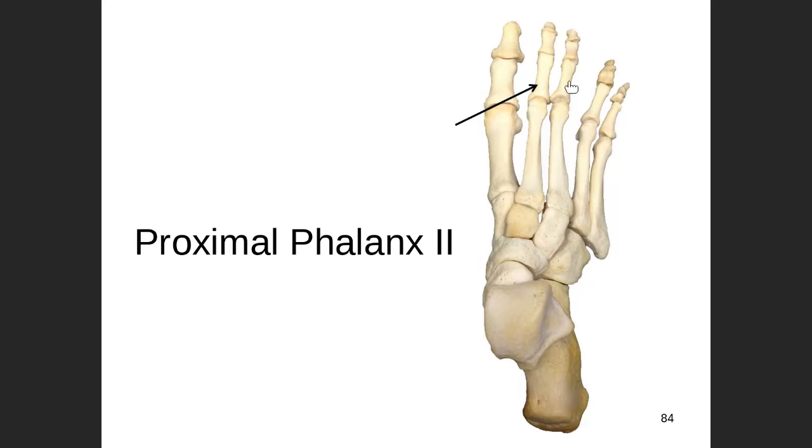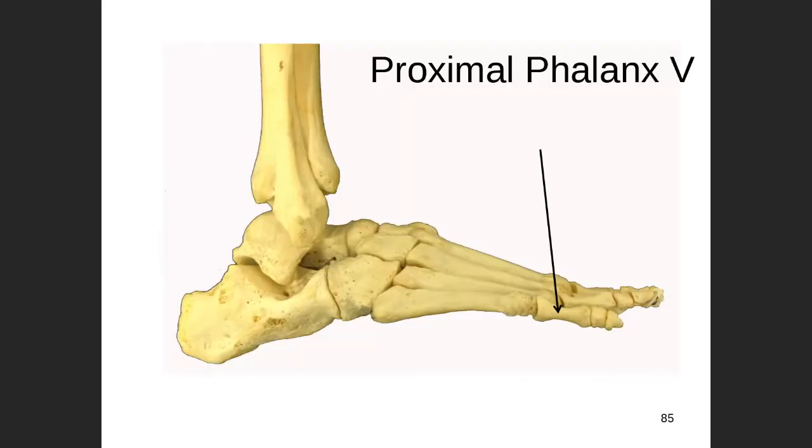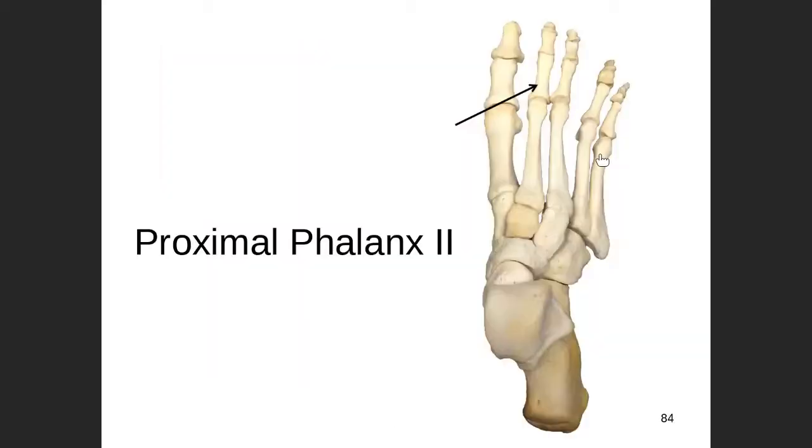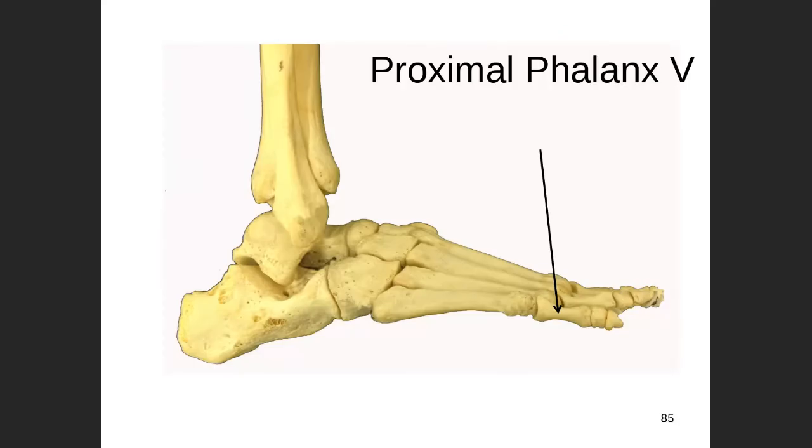I don't have the slides for it, but this is proximal phalanx 3, proximal phalanx 4, and then proximal phalanx 5. Let me go back one. You can see here's proximal phalanx 5 from the superior view, right there. Here it is once again in the lateral view.